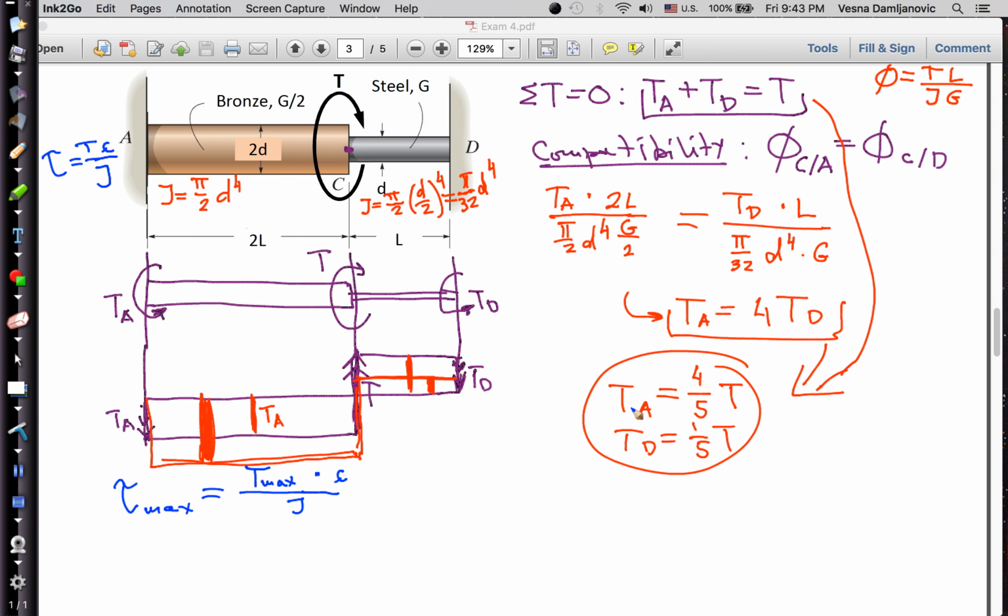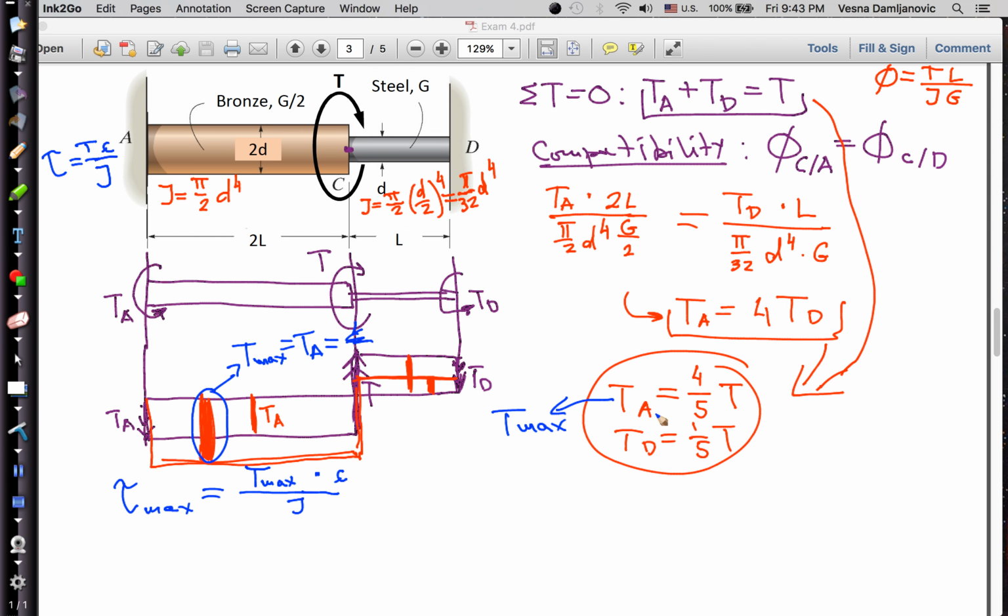And now let's see which of these two T's, where is our maximum? This one or that one? Well, it's this one. And what is it? It's a TA. So T max is our TA, which is 4/5. Okay, I'll write it somewhere else, not here. So that's our T max.